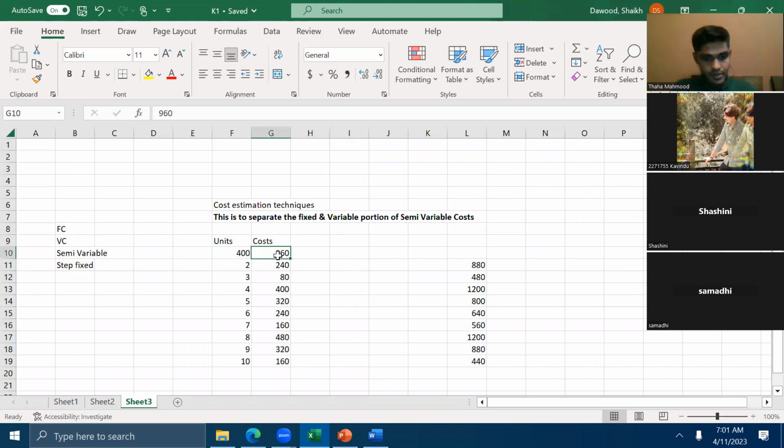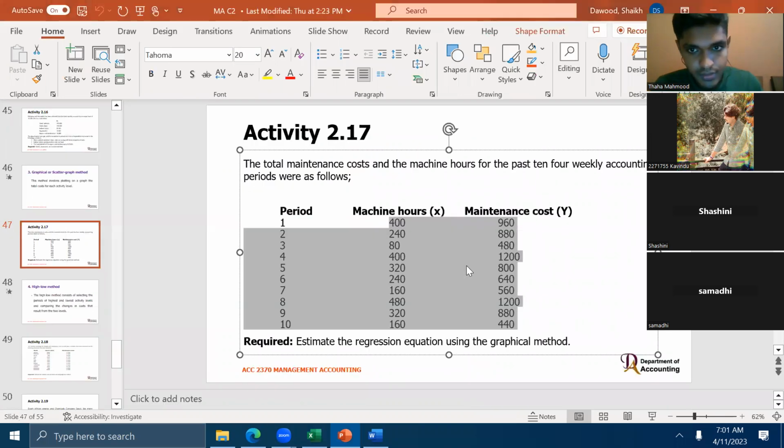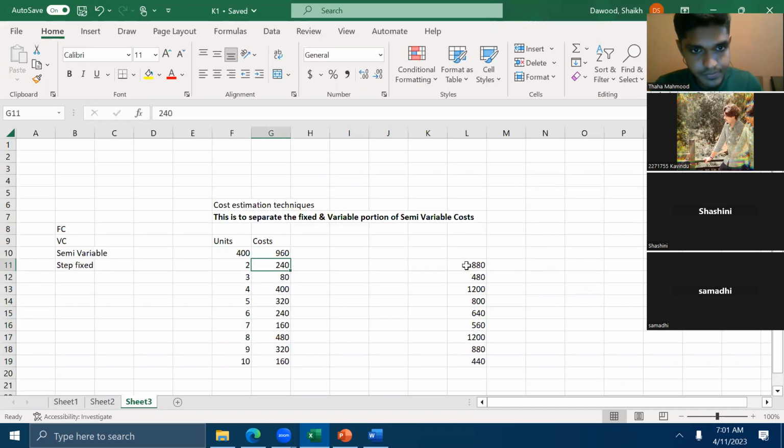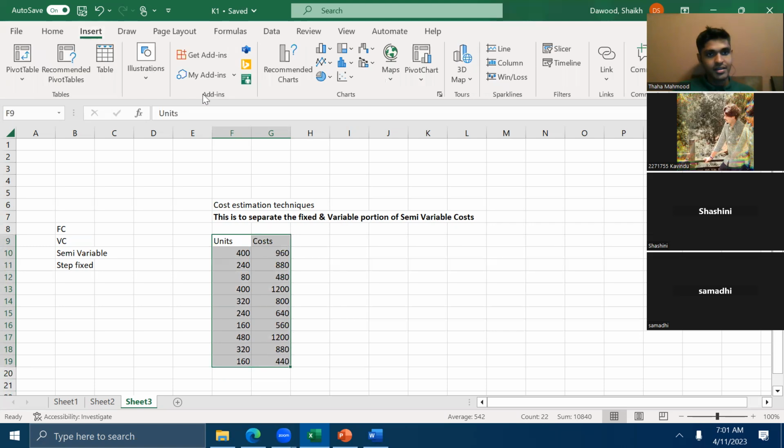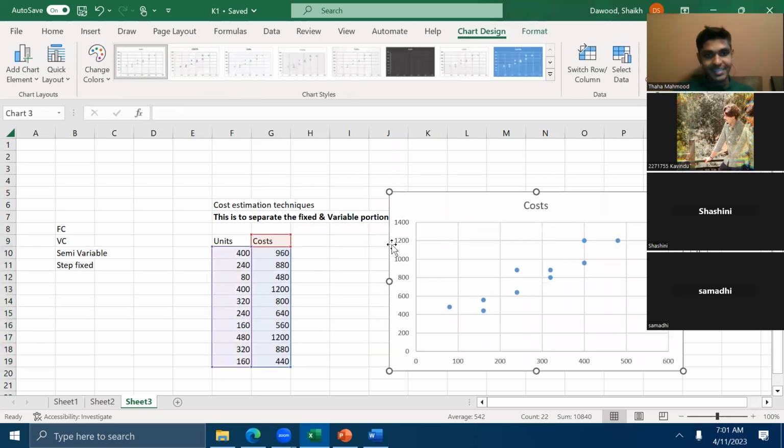Sorry, 960 should go there, 400 there. Get this information, and then you plot it in a scatter graph. It would look something like this.